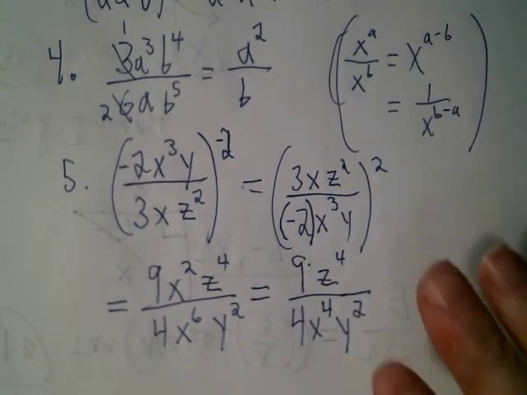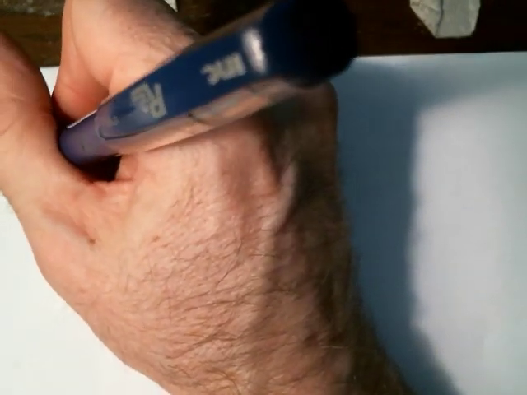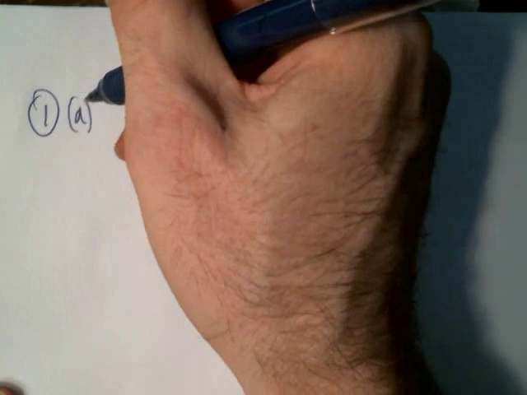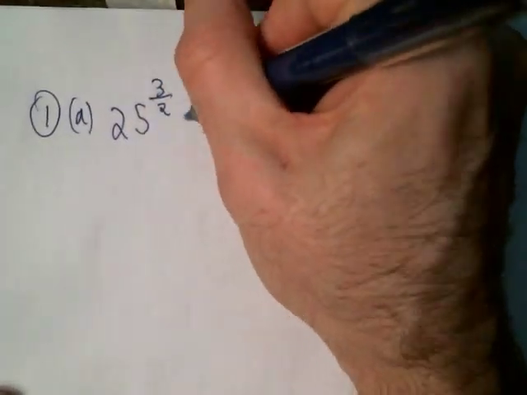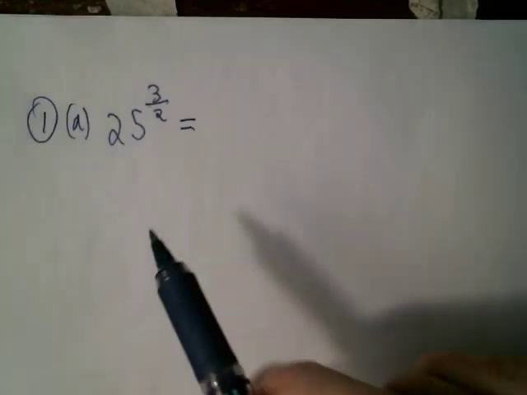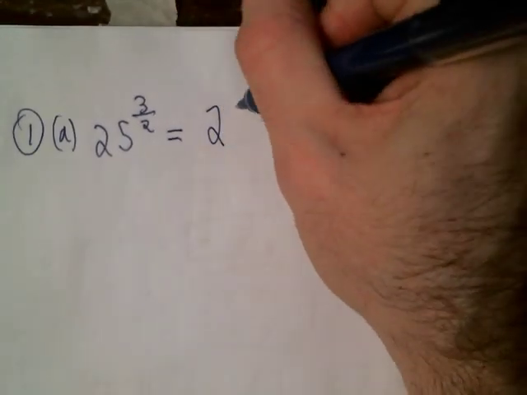So good stuff. One thing that is kind of important later on for us will be rational exponents. So this is problem 1 from the book, part A. We got 25 to the 3 halves. I mean, you can put that in your calculator, but these expressions are going to result in some of our calculations, so it's sometimes quicker just to do it in your head and not be overwhelmed.